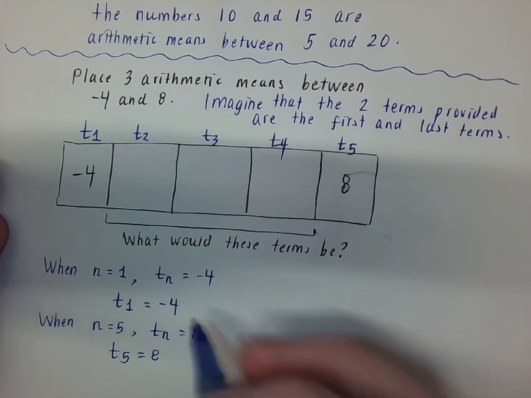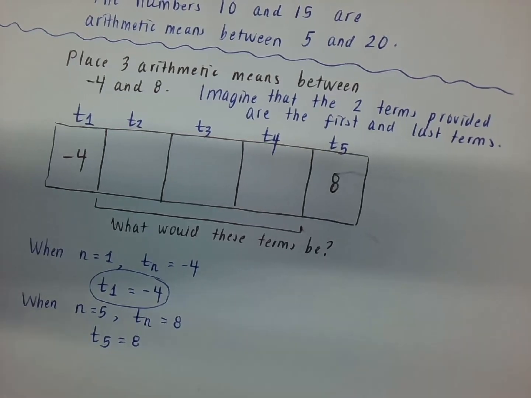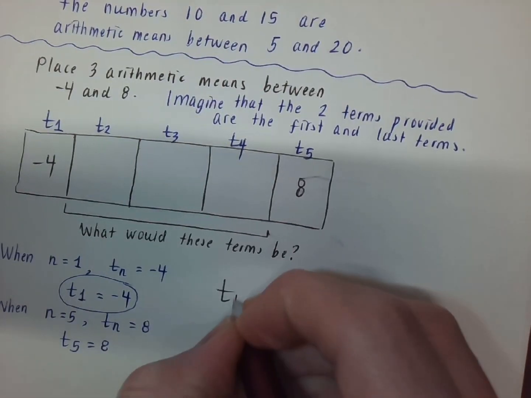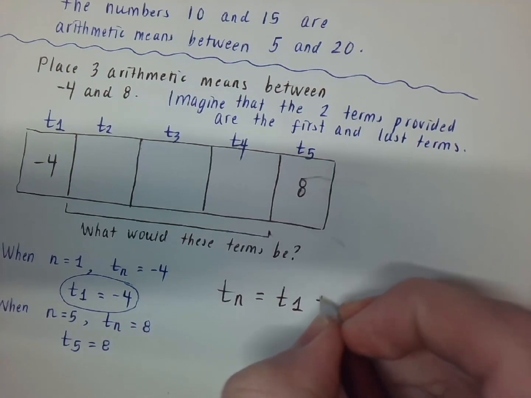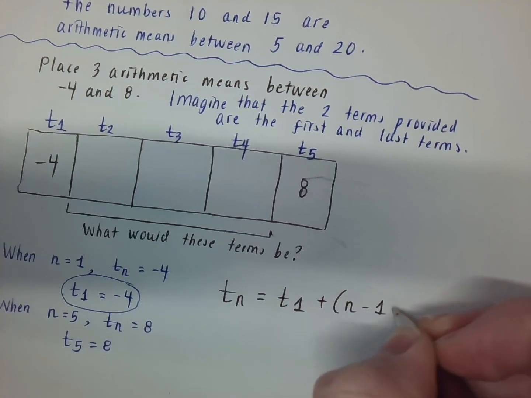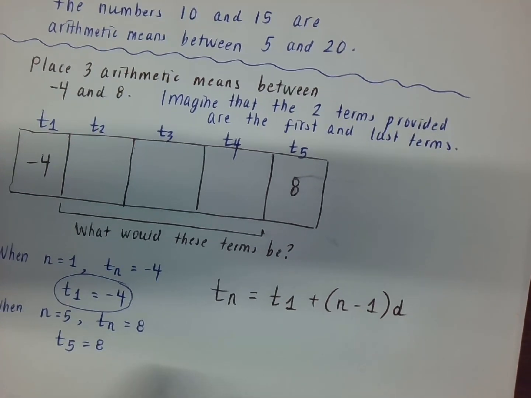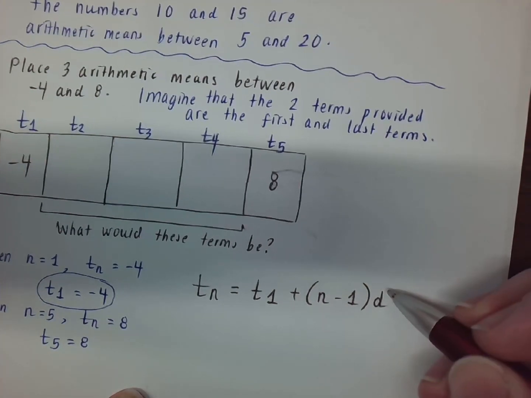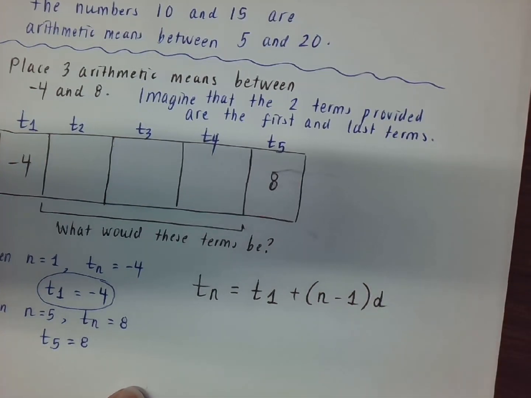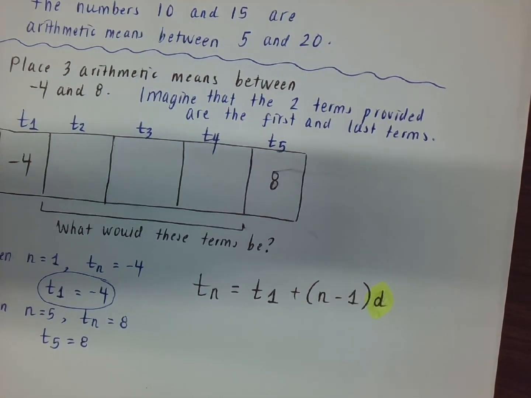I'm trying to go back to our formula and think, what can I plug in here? Well, I could make the unknown that I'm solving for the common difference, because I have enough information here.